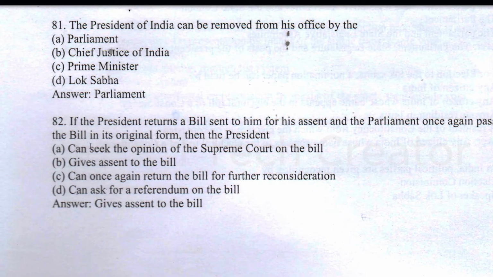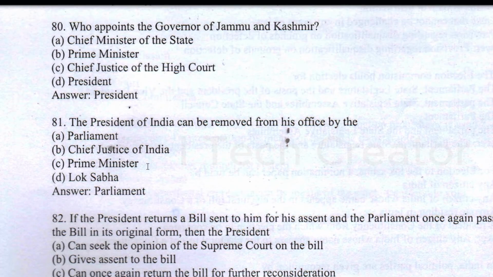Next, if the President returns a bill sent to him for his assent and Parliament once again passes the bill in its original form, then the President gives assent to the bill. 81.